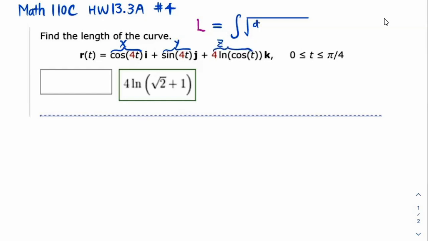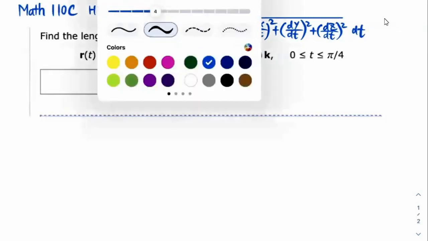So that will be dx/dt squared plus dy/dt squared plus dz/dt squared, right? And then dt.